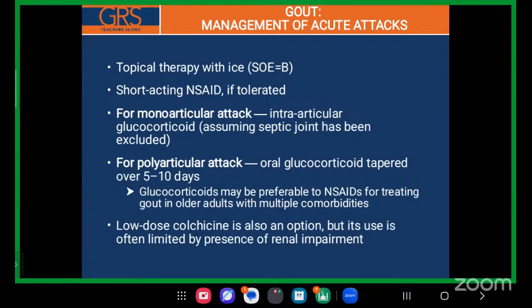For polyarticular attacks, glucocorticoids tapered over 5 to 10 days should be used. Glucocorticoids could be preferred to nonsteroidals for treating gout in older adults with multiple comorbidities. Low-dose colchicine is also an option, but its use is often limited by the presence of renal impairment.